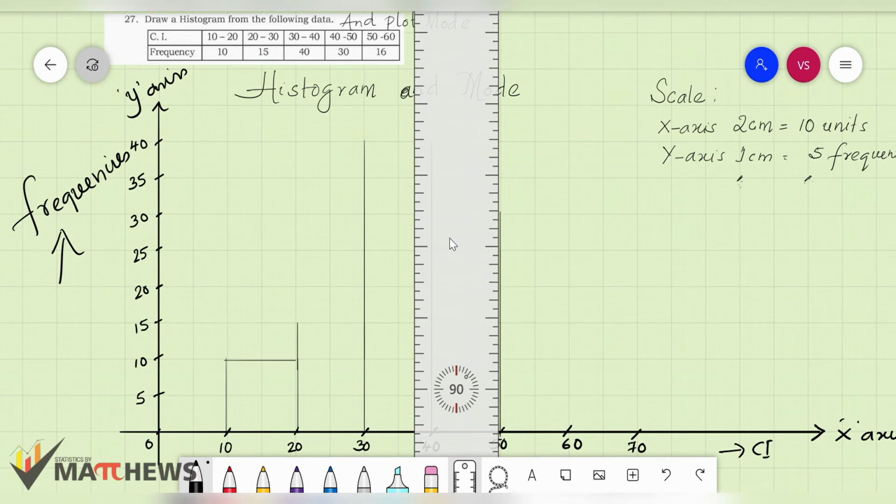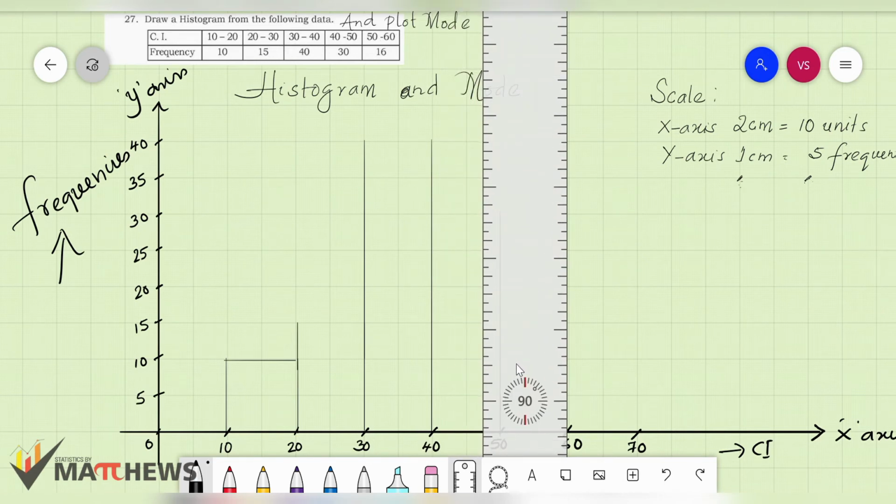Okay, and 50 to 60 is 16. This is 15, students, so we can take 16 here. Okay, this is 16. Fine.